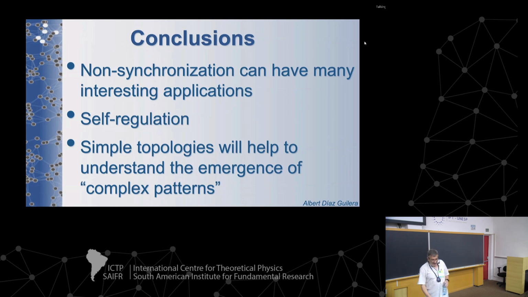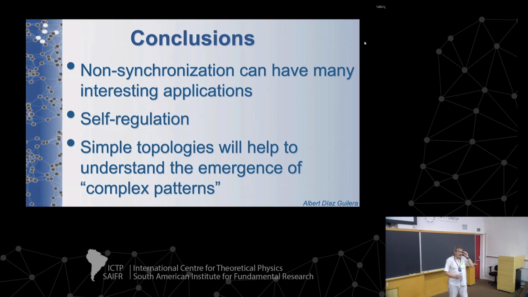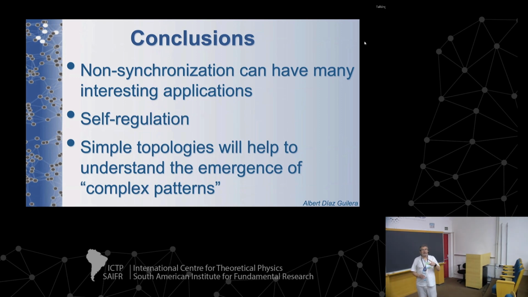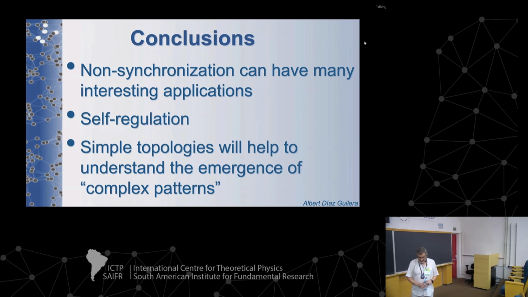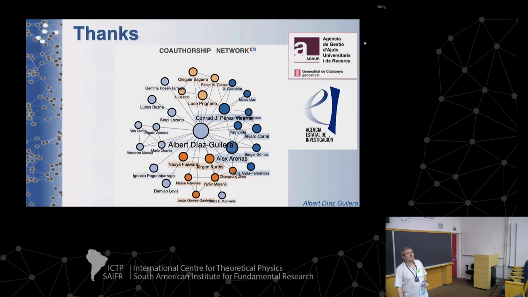In this case, these simple topologies are complex enough that understanding the interplay between different coexistent states is not so easy. Even the simplicity in the description gives rise to this complex intertwining of patterns. Okay, and that's it, and thank you very much for your attention.